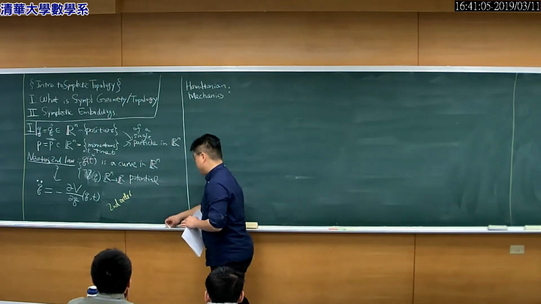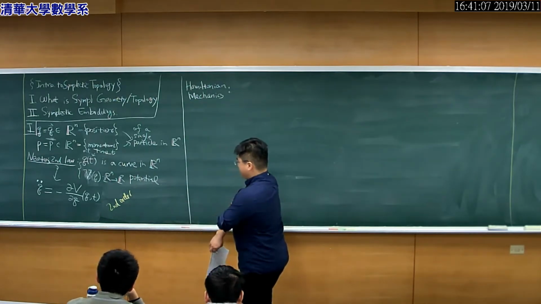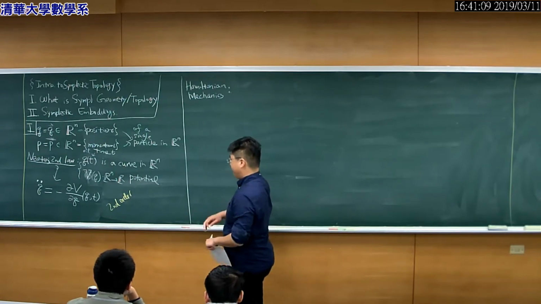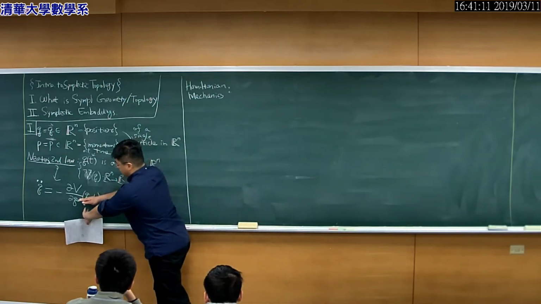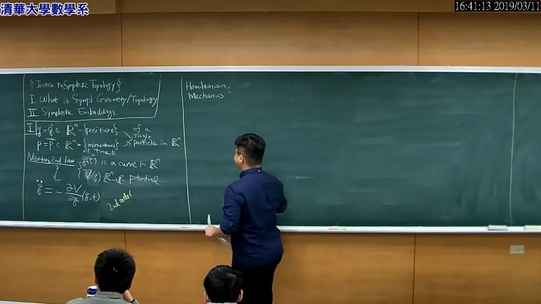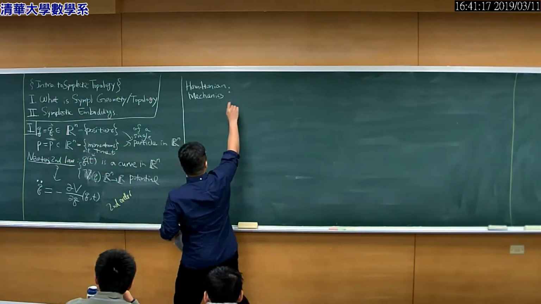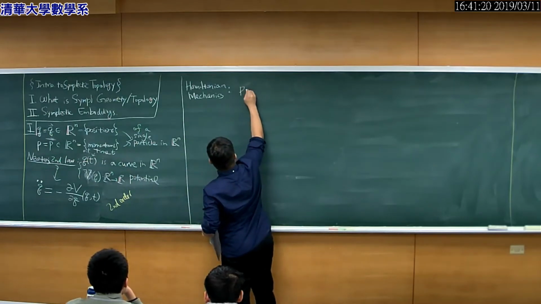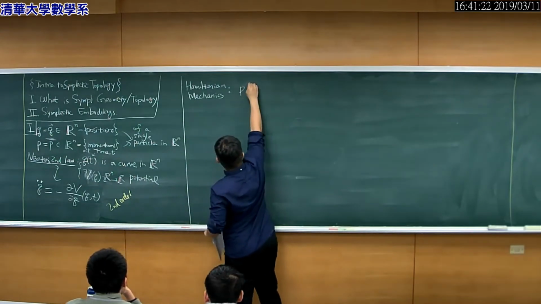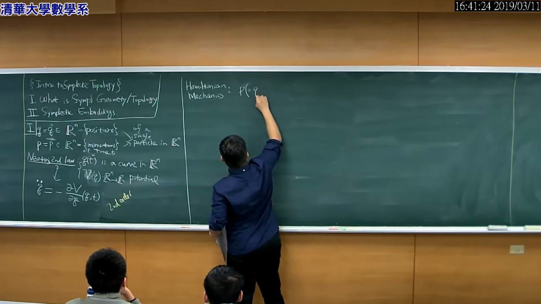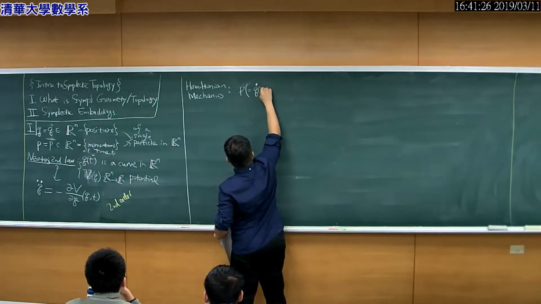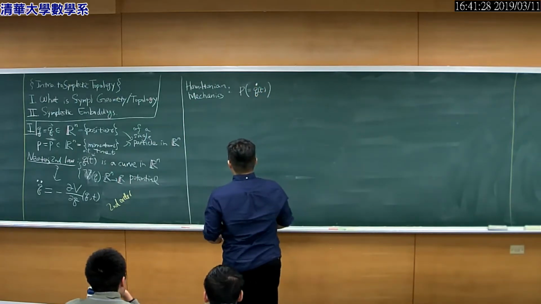But what we have to pay is that we have double the number of equations. So here, by introducing P, you simply think this is Q dot, the first derivative of Q.